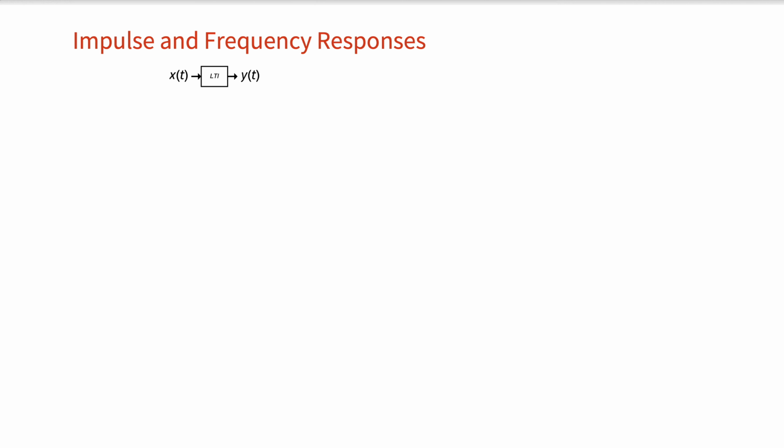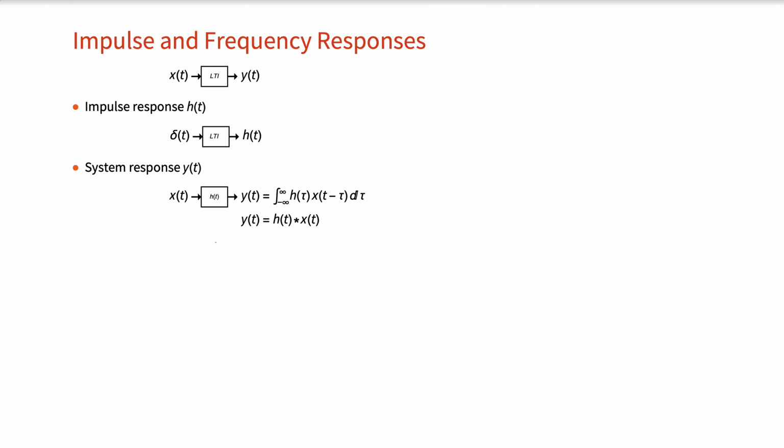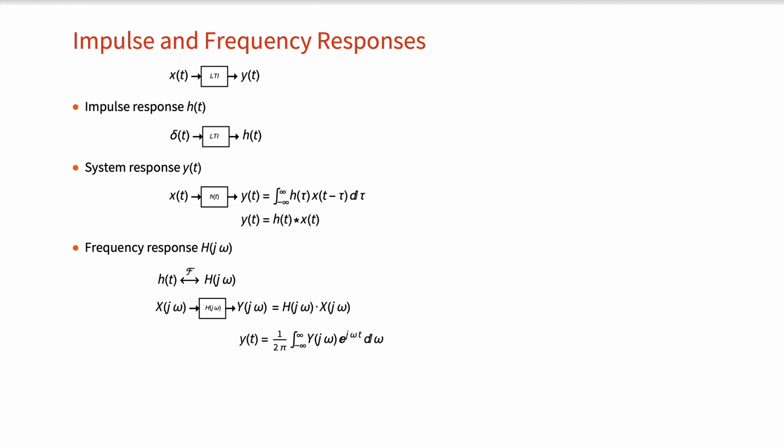Given an LTI system, if the impulse response is h of t, using the convolution theorem, we can find the system's response y of t to any input signal x of t as the convolution of the impulse response and the input signal. This is in time domain. Now, if we take the Fourier transform of this expression using the Fourier transform convolution theorem, what we will have will be a product.